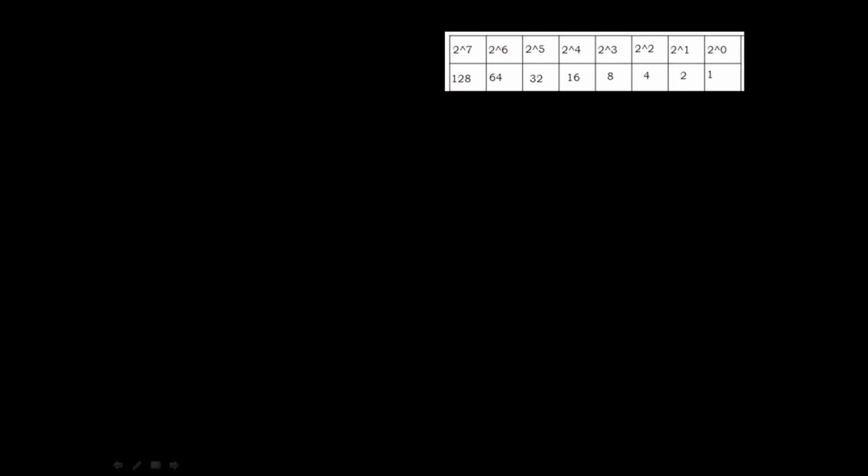All right, so because we're using an 8-bit system here, 8 choices, a question I could ask you is, what is the biggest number we can make here? I mean, we only have so many different possibilities. Even if I turn all of these on, and I add 128 plus 64 plus 32 plus 16, 8, 4, 2, and 1, the biggest number I can make is 255, which is kind of limiting if you think about it, because we obviously want to work with numbers on our computers that are bigger than 255.